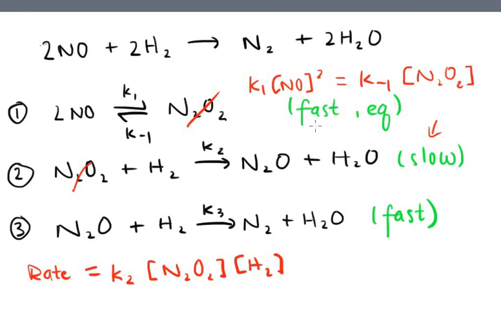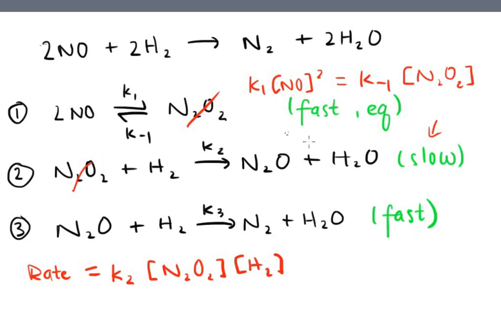Now the reason I was able to do this is because this is in fast equilibrium, meaning the forward rate and the reverse rate are the same. So that's all I did for this. I equated the rates of the forward and reverse reaction. So essentially I'm able to find N2O2 in terms of NO.